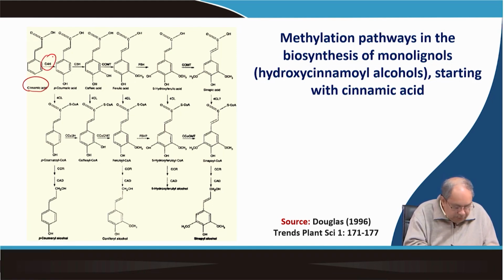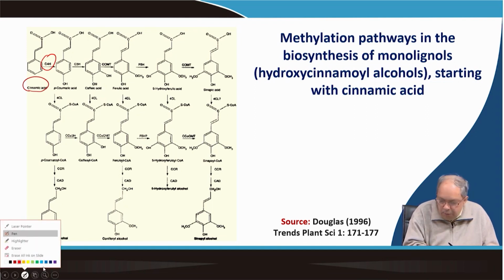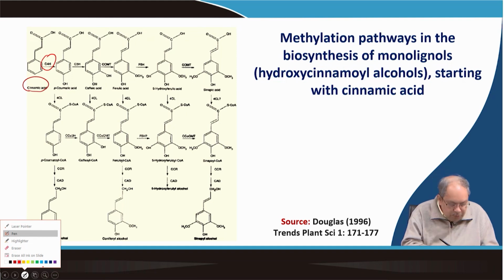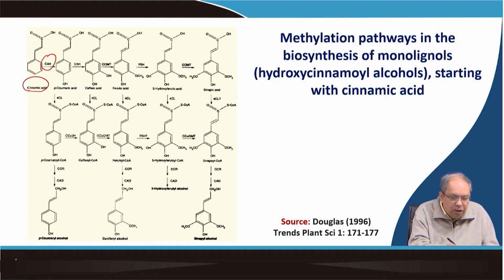Then C3H is mentioned here, because it is as early as 1996. At that time there was still an argument that C3H exists, and it may be a soluble enzyme. But as I have mentioned, C3H is not considered functioning nowadays.